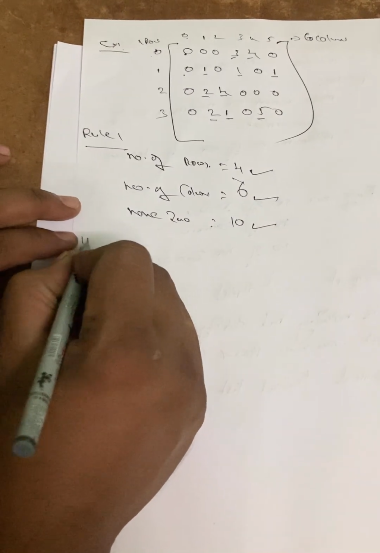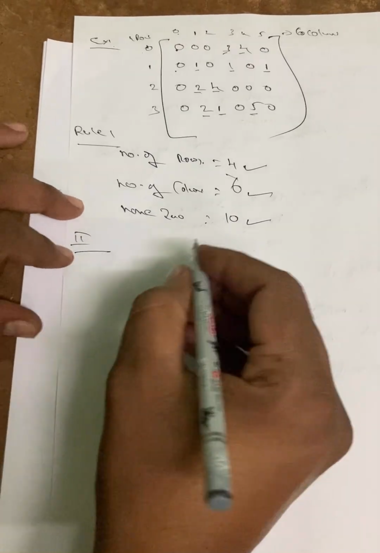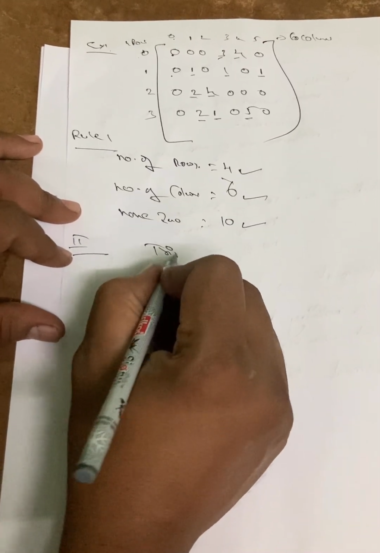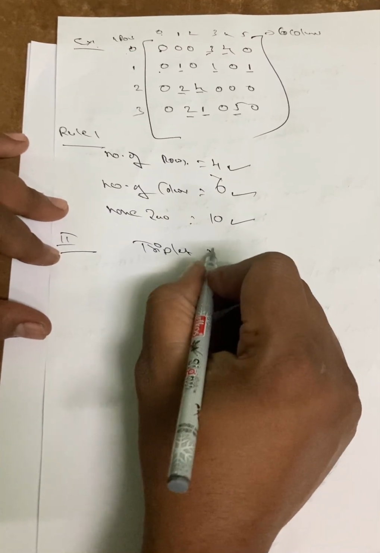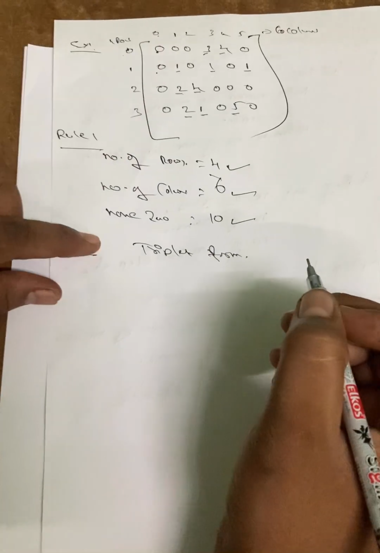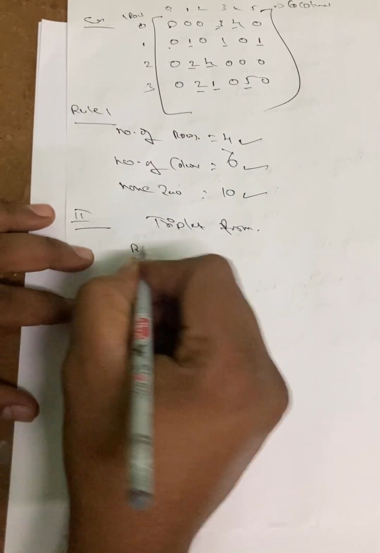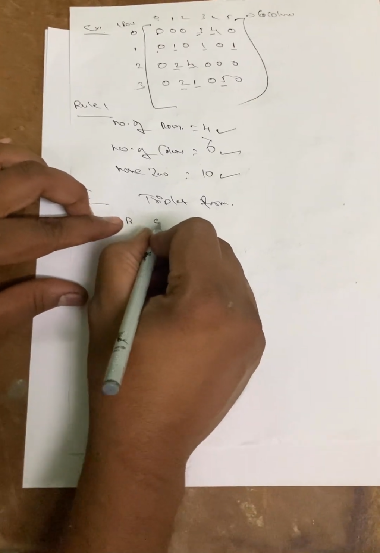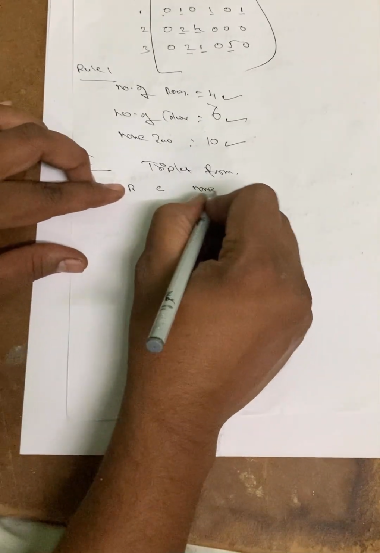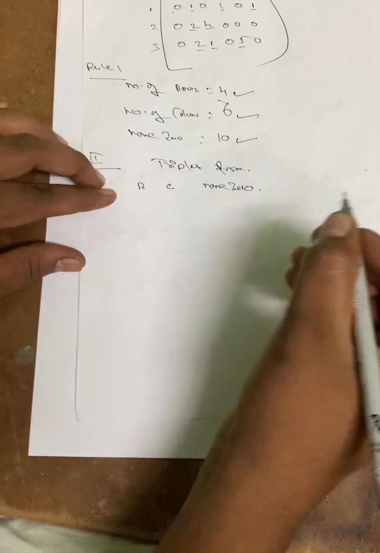And what is the second rule to be implemented? Triplet form. We have to implement a triplet form from the given matrix. For this, we have to define a row, a column, and a non-zero element position.